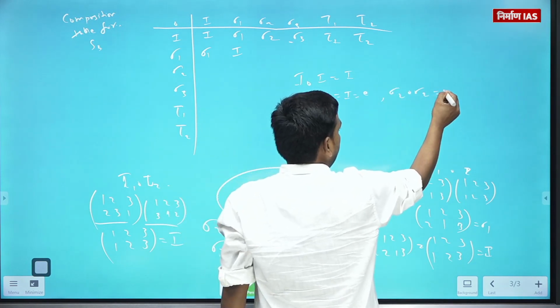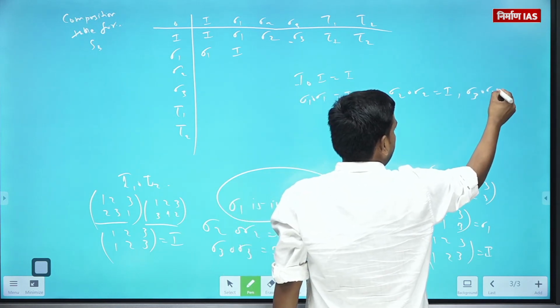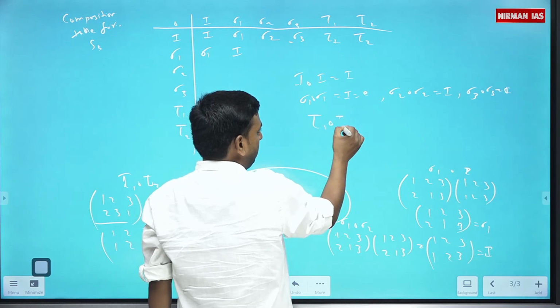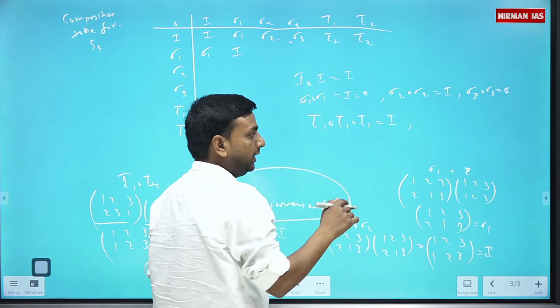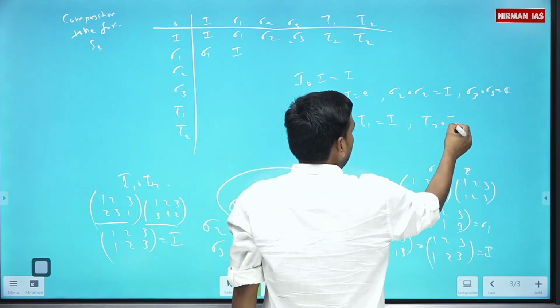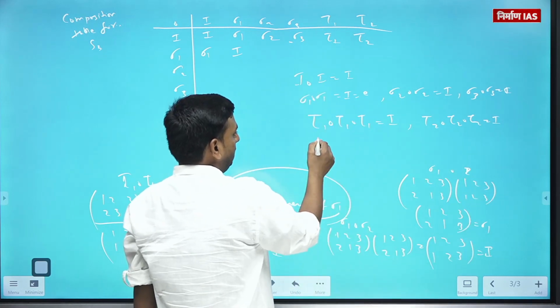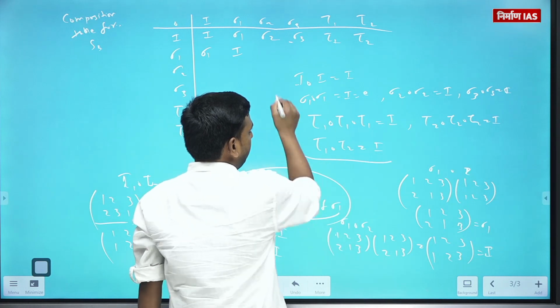Similarly, sigma 2 composition sigma 2 is I. Sigma 3 composition sigma 3 is I. Tau 1 composition tau 1, you will be getting I only. Tau 2 composition tau 2, you will be getting I. Also tau 1 composition tau 2, you will be getting I.